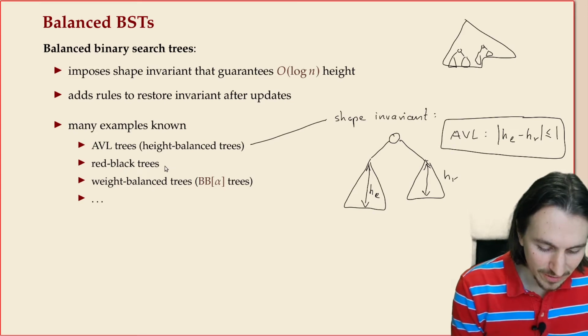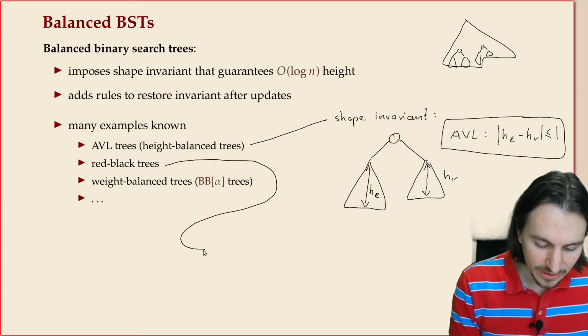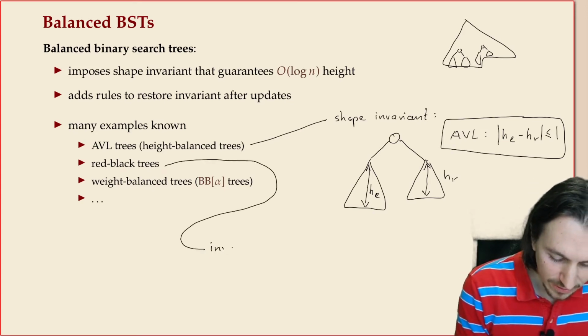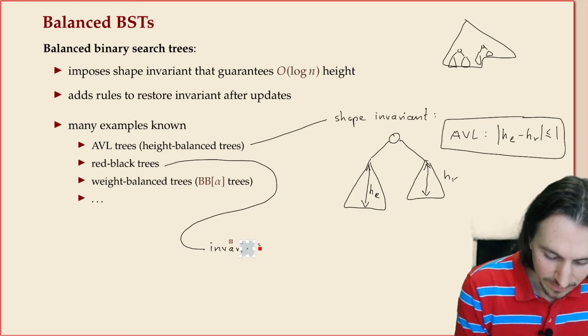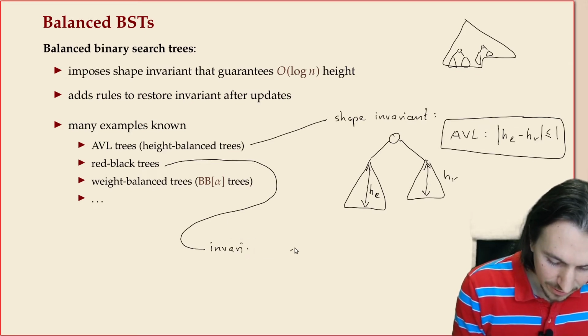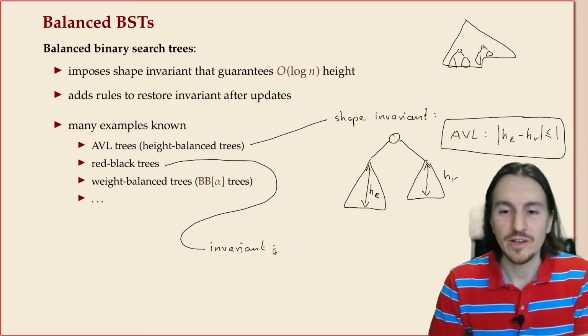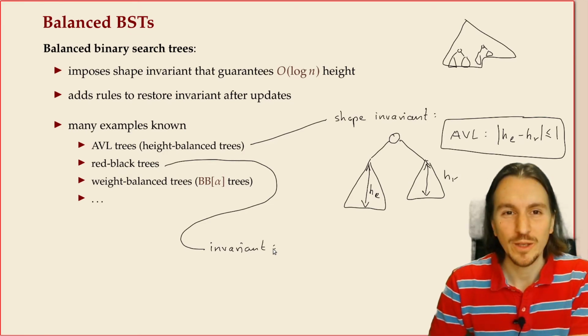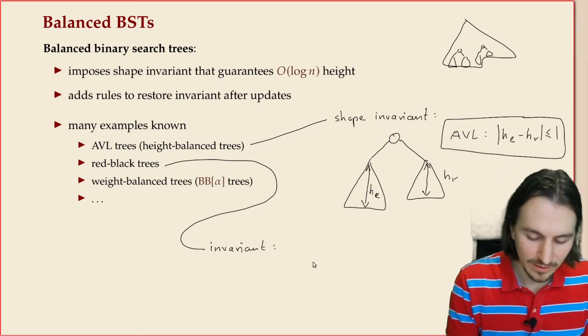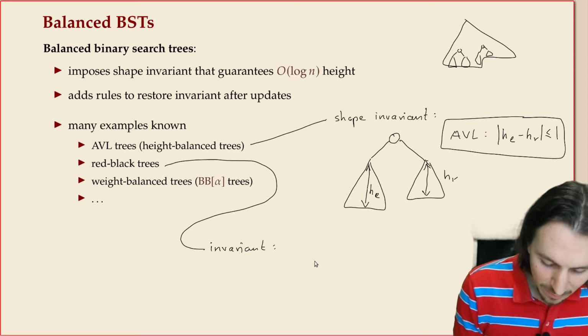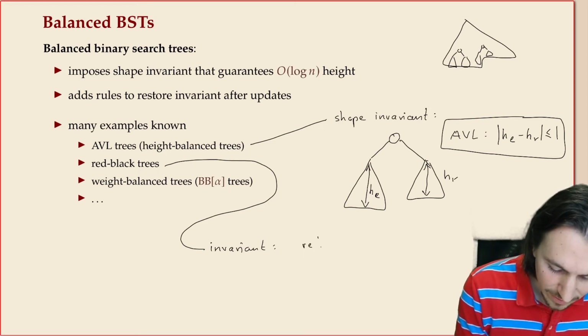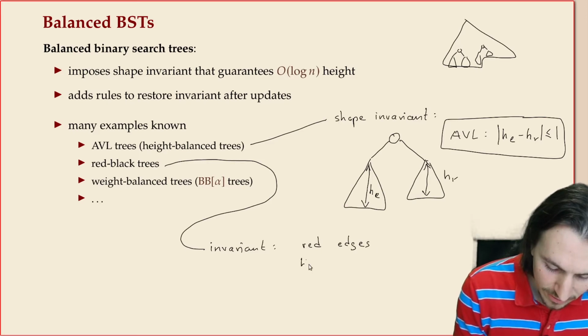A similar idea is red-black trees. It also has some restrictions on how the tree looks. Here the invariant is slightly more complicated, so maybe I won't go into detail. But there are red edges and black edges, as the name might suggest.